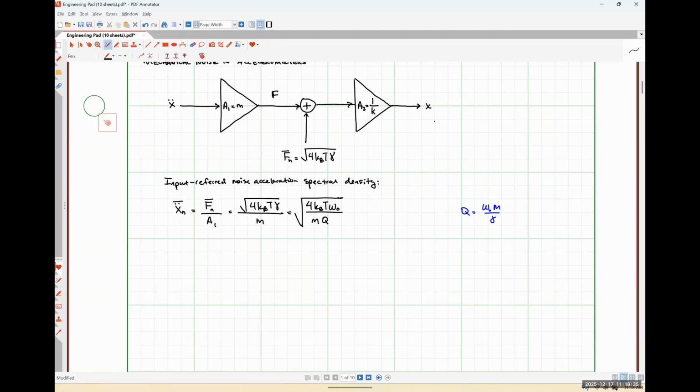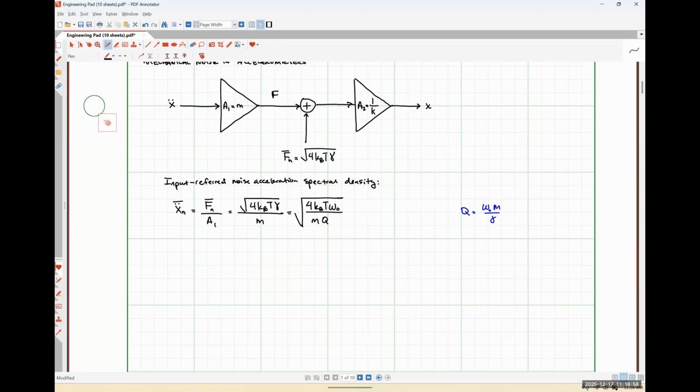So this relationship looks like we can lower our noise by raising our quality factor, right? So as Q gets larger and larger and larger, it looks like this noise acceleration is going to get smaller and smaller and smaller.